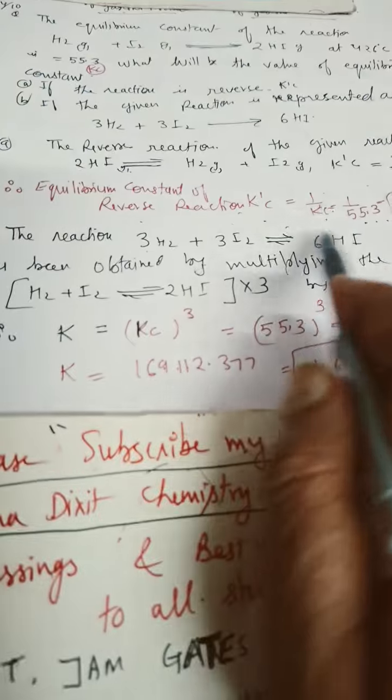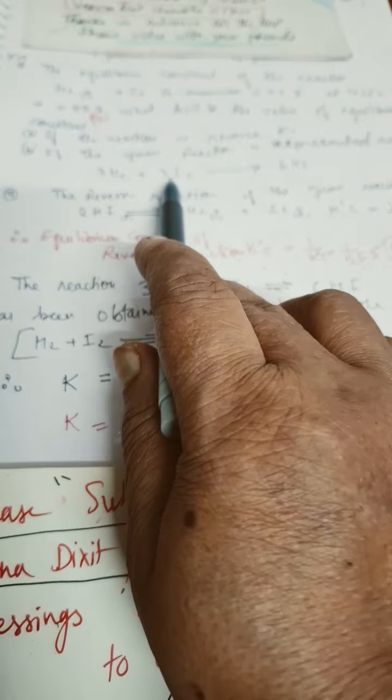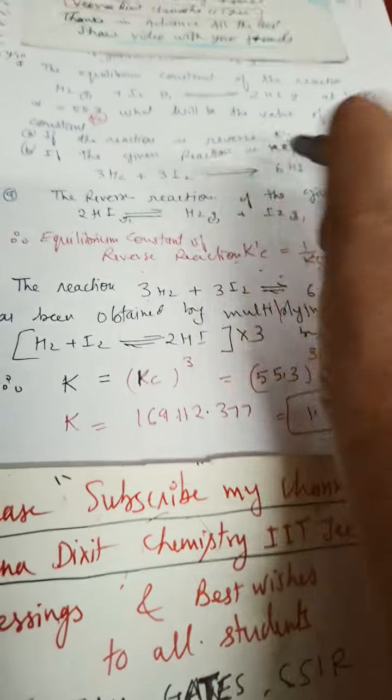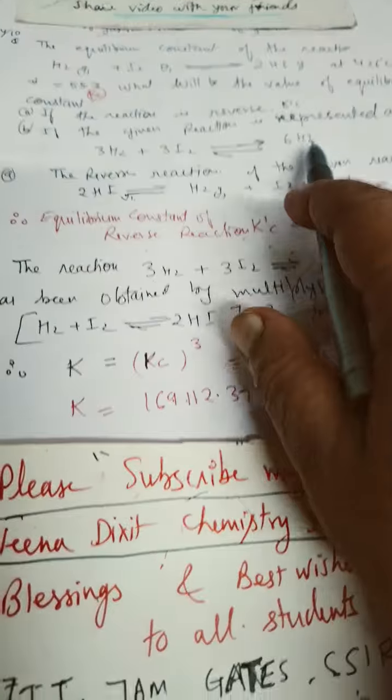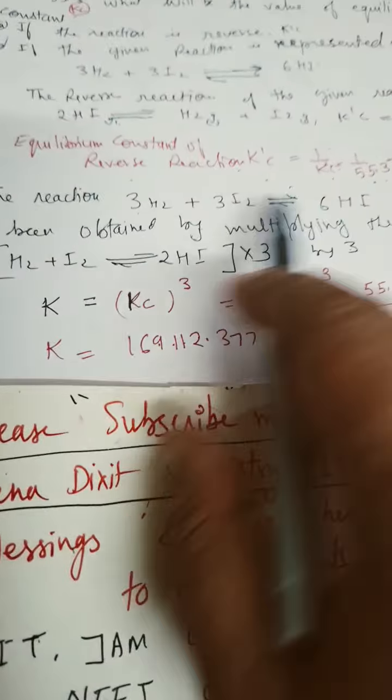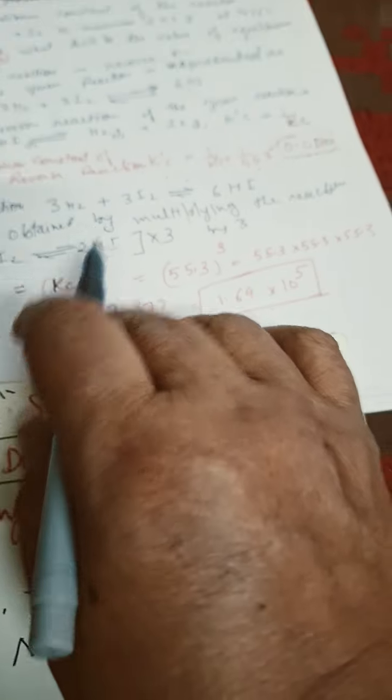0.0180. Now if the reaction is multiplied by 3, see here, thrice of H2 plus thrice of I2 gives you 6 of HI. Earlier it was 2, here we multiply the whole equation by 3. So when we multiply the reaction by 3, the new Kc will change.